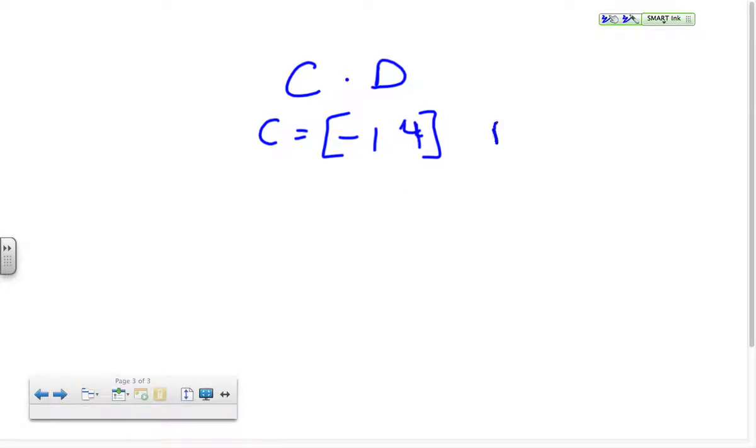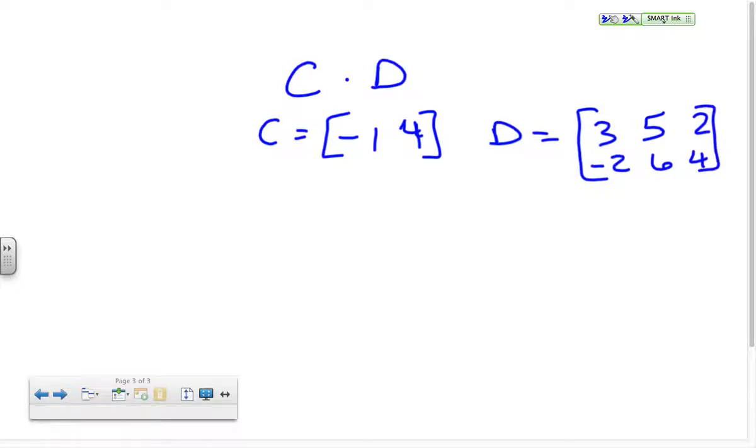And D equals 3, negative 2, 5, 6, 2, and 4. So here I have a 1 by 2 and a 2 by 3. Is it defined? Can we do it? Are these 2 numbers exactly the same? Yes. So yes, it is defined.